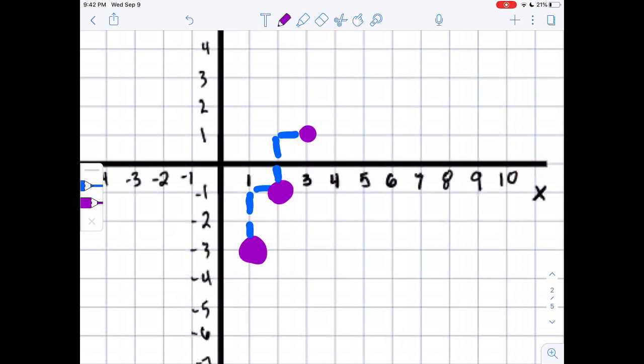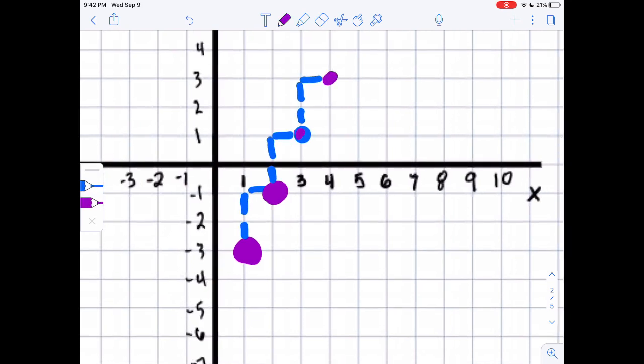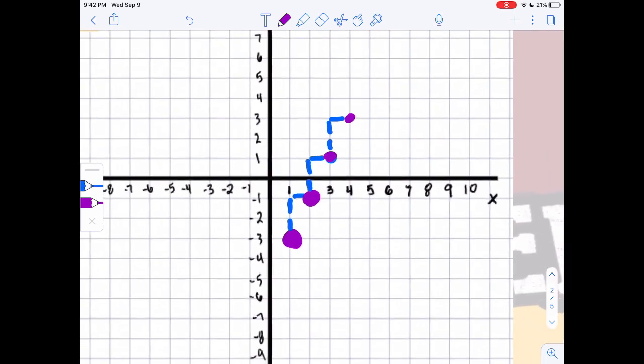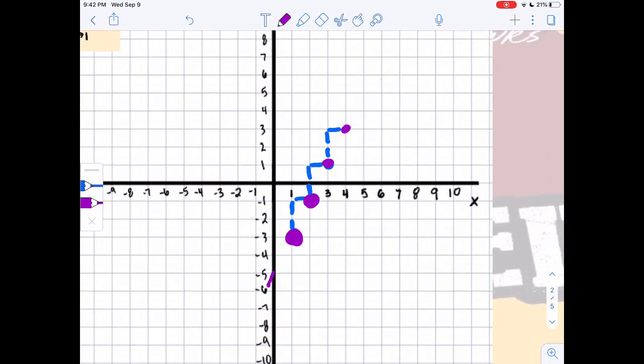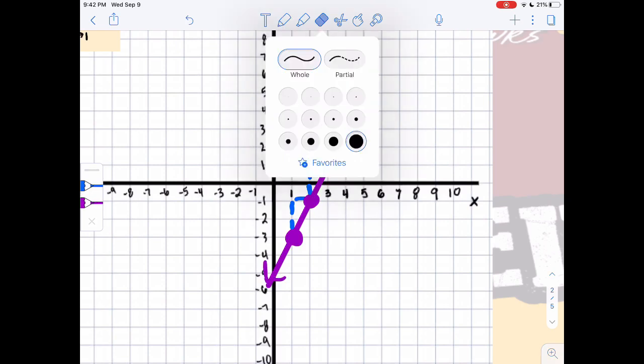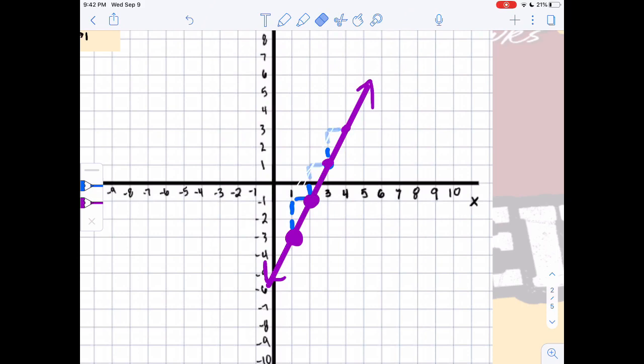I can plot another one. Up 2, to the right 1. And I can connect my points with a line. And we just graphed our equation.